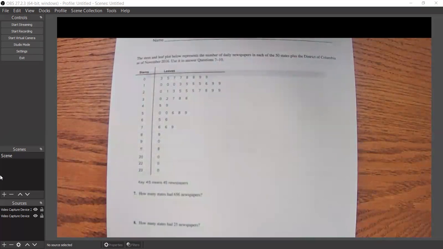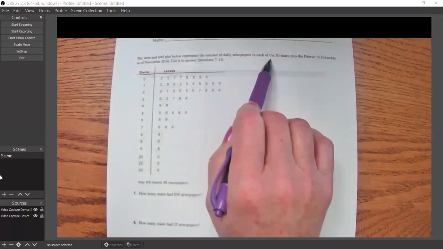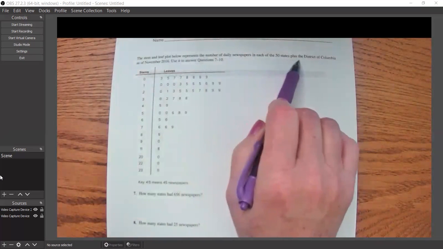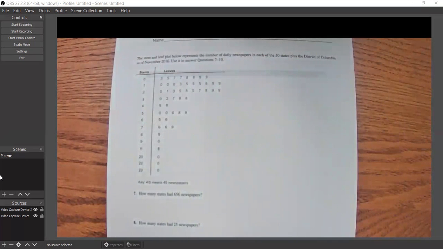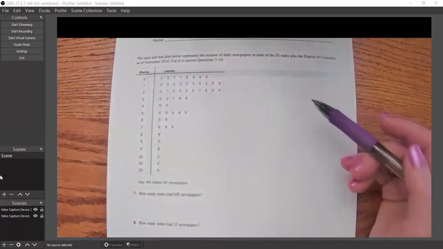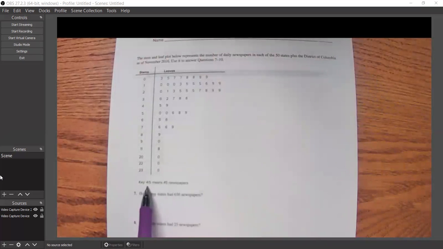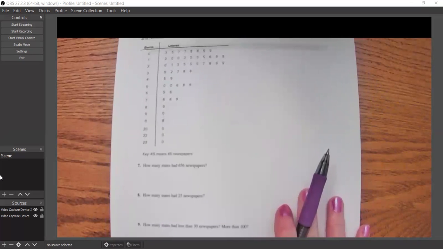This one happens to represent the number of daily newspapers in each of the 50 states, plus the District of Columbia, in November of 2016. Each state and DC is represented somewhere in here. And here we have a key: 4|5 means 45 newspapers in that state.